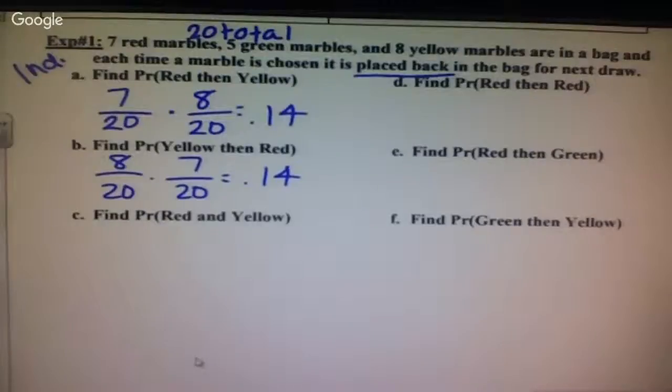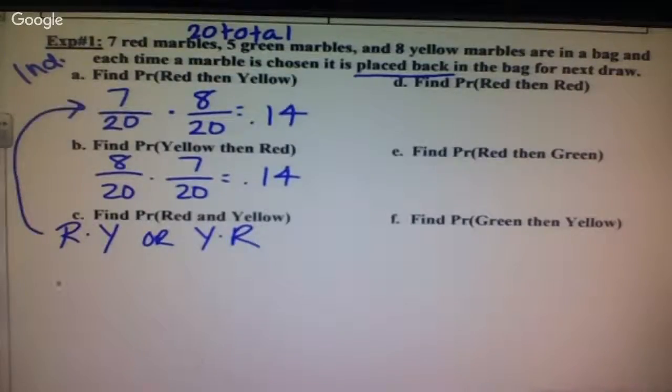Yes and no. Okay, so when I'm talking and, it does not tell me the order that it needs to go in. So if I'm doing red and yellow, that means I can have red and yellow or yellow and red. So you've got to do both. Well, guess what? We already did red then yellow. So this is 0.14.